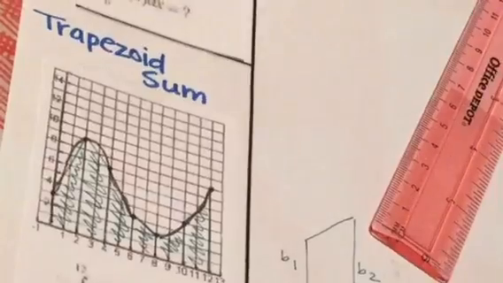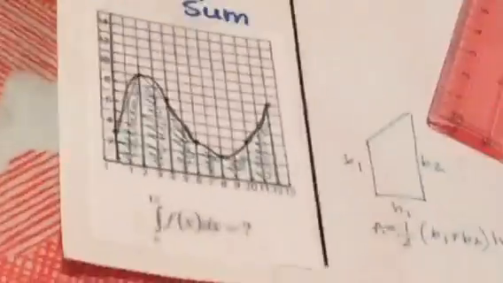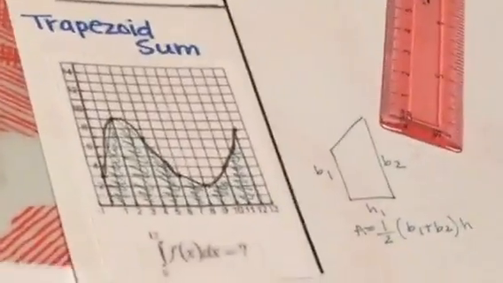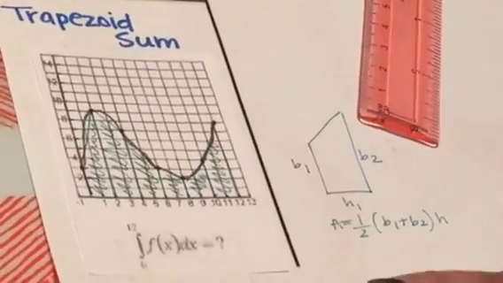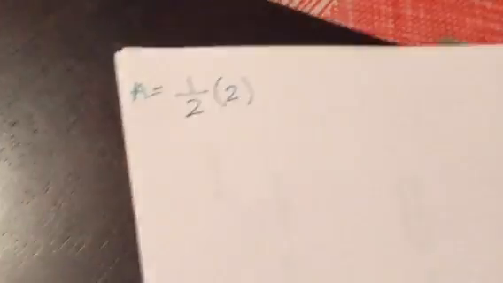For the very first one, all of them have a height of 2. So if we follow the formula, it's 1/2. The height for all of them will be 2, so we'll leave that on the outside.